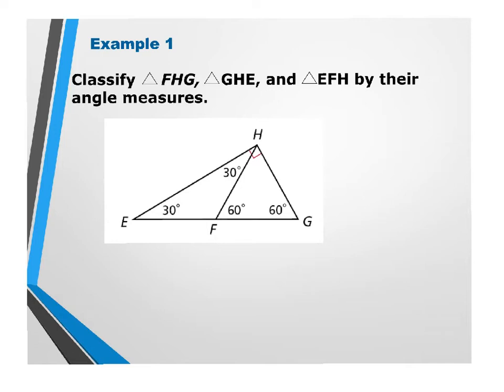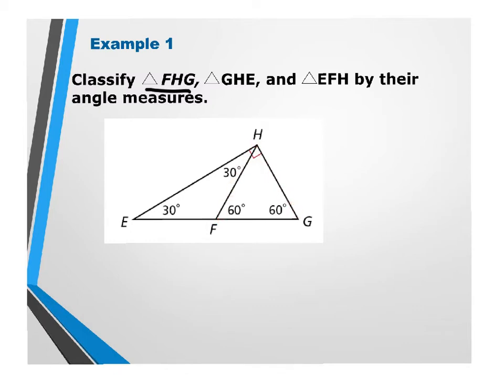Now, in this first example, we're going to be classifying the triangles in this picture by their angle measurements. First, we're going to look at triangle FHG, this one right here.